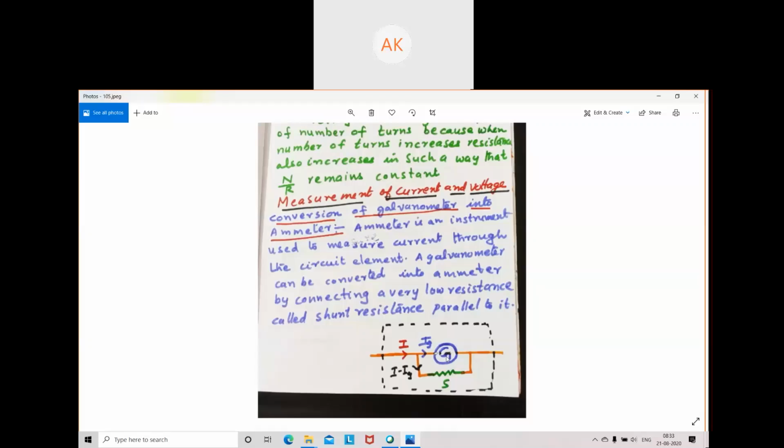Current in the circuit will be very small. That means main circuit current is affected by the resistance of this ammeter. It decreases. It should not happen. Main circuit current should not be affected. We are measuring the main circuit current.